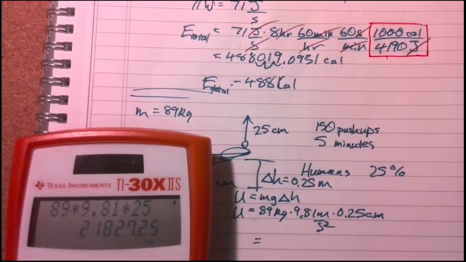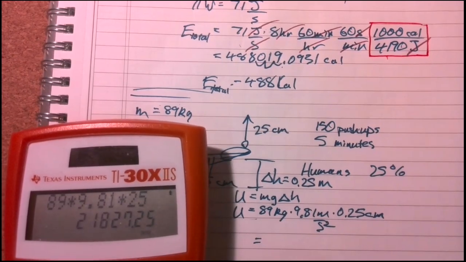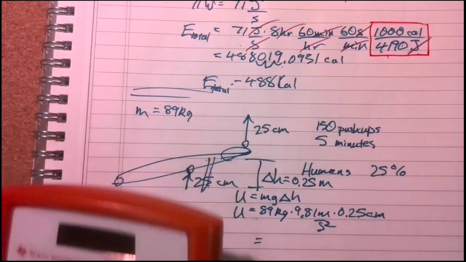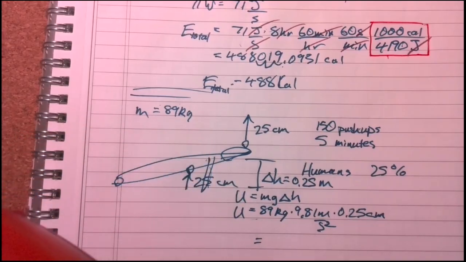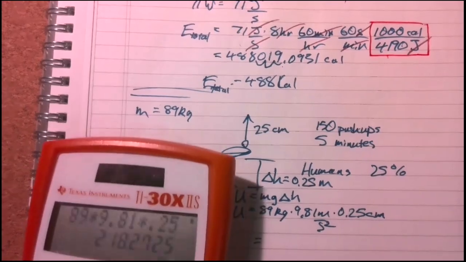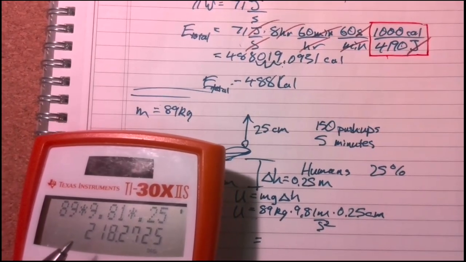That's going to give us, does that seem right? Oh, geez, no, look what I did there. I did 25 meters. 21,000 joules? That seems a little high for one push-up. Okay, that's a little bit better.